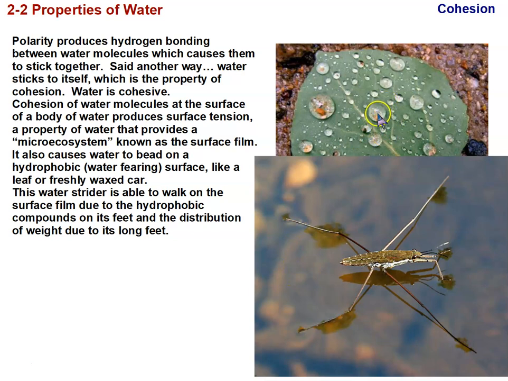Also, the cohesion is the reason that the water forms beads on a hydrophobic surface. So on the surface of this leaf, there's a waxy layer called the cuticle that is hydrophobic, and the water beads on that hydrophobic surface, just like the water will bead on the wax of a car when you first wax it, because the wax is hydrophobic.